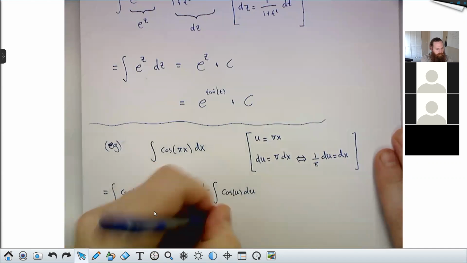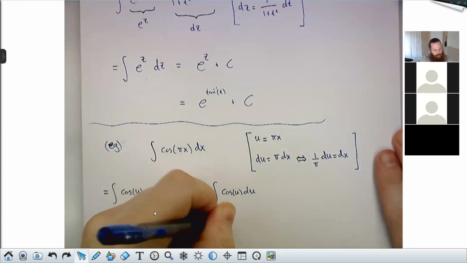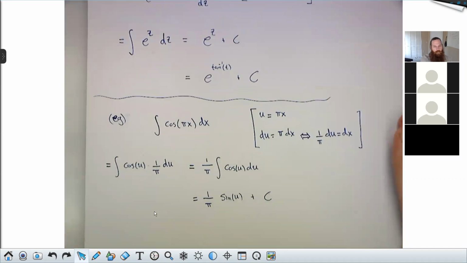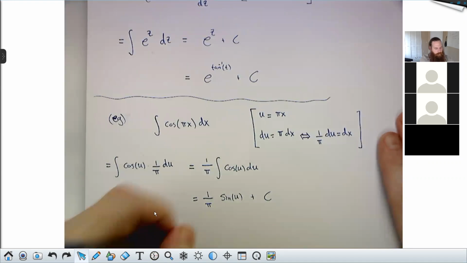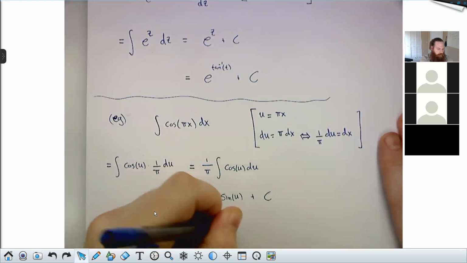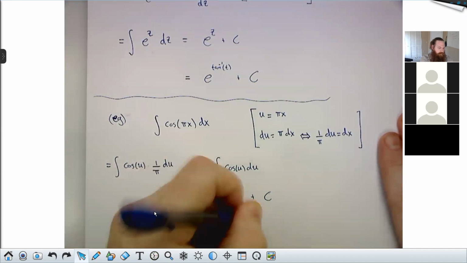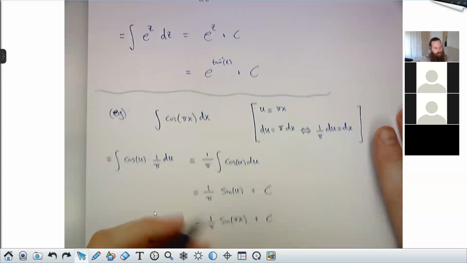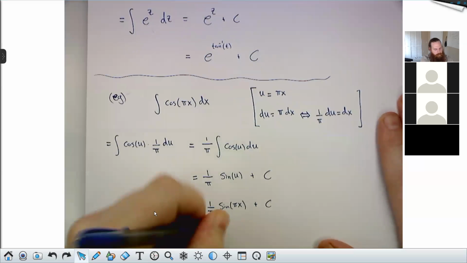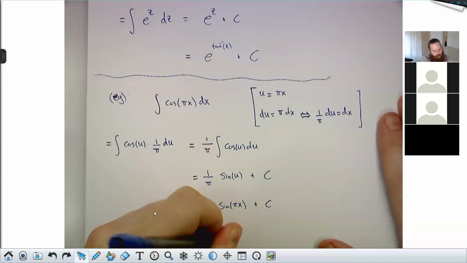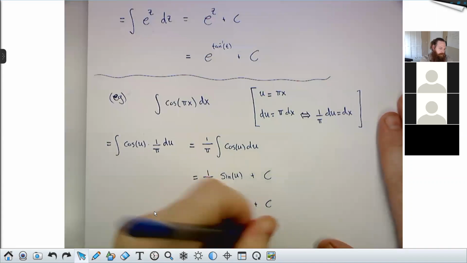Sine u differentiates to cos u. And so what I get here is 1 over pi times the sine of pi x plus c. You just have to go back to your original variable now. Or you could write this if you wanted as sine pi x over pi plus c.